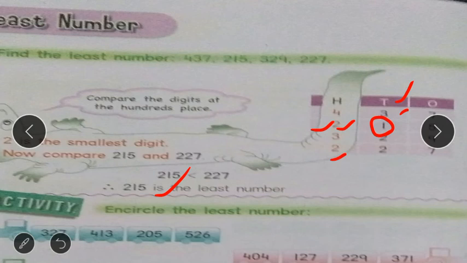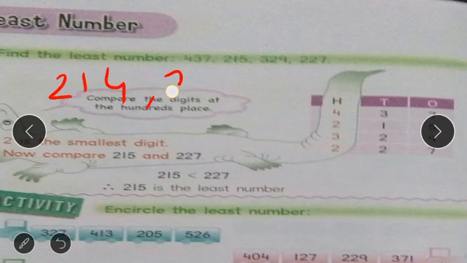If in the 100 place any two numbers are the same, you have to go to the tens place. If in the tens place also you find two numbers are the same, you have to go to the ones place. I am giving you an example, like the numbers are 212, 14, 212, then 216 and 280.